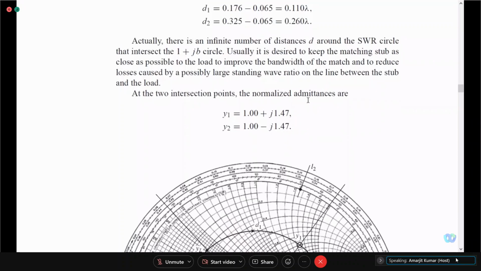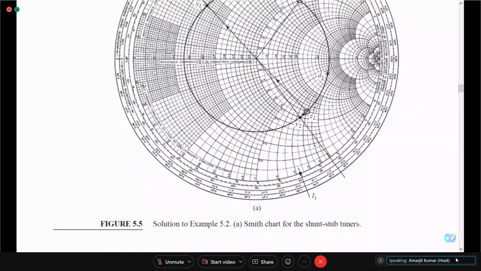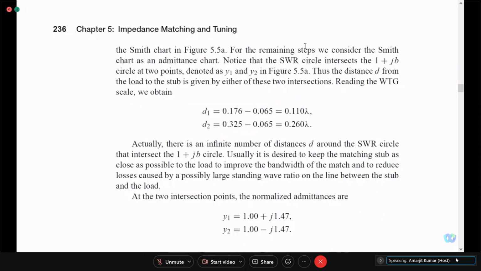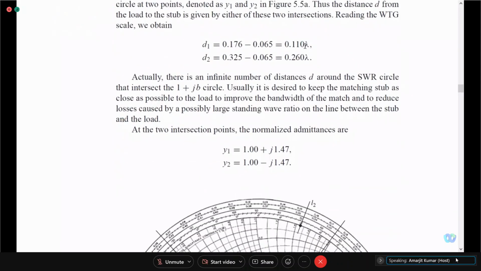There should not be any objection. 1.4, 1.5, 1.45 I took. 44 also you can take. If it is very clear to you, you can take the accurate value. So 1 plus J 1.4.